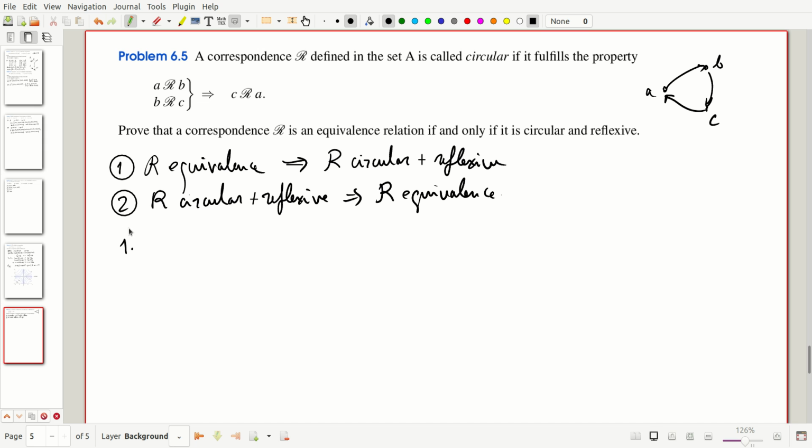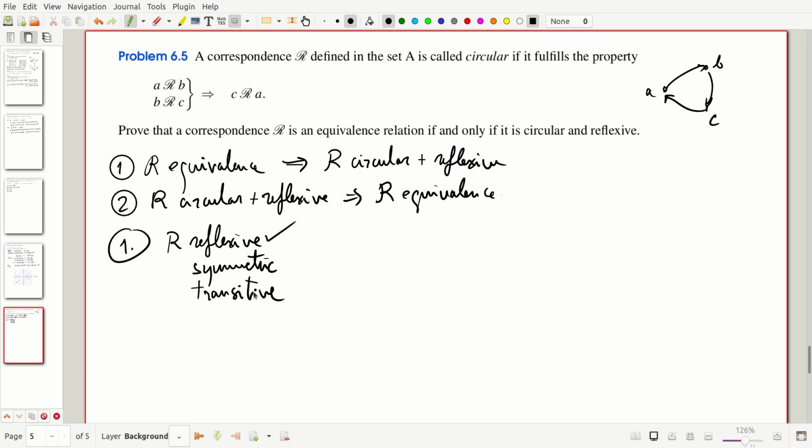Okay, let's go for the first. Well, R is an equivalence relation, means that R is reflexive, symmetric, and transitive. Well, it is reflexive, so we already have this one.